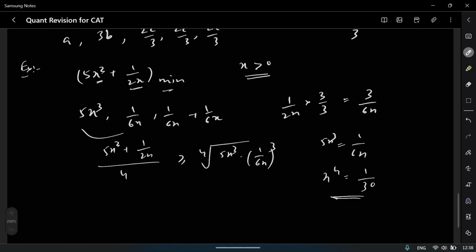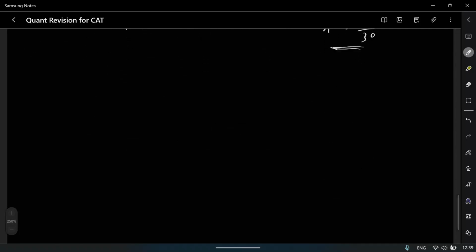So the concept which I have explained is like this: given something like A plus B equals a constant, and A power x times B power y, we have to find the maximum value of this.